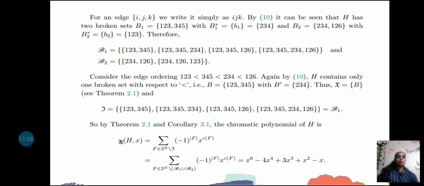Consider the edge ordering 123 < 345 < 234 < 126. By 10 again, H contains only one broken set with respect to this order, that is B = {123, 345} with B' = {234}. Thus X̄ = B. So by Theorem 2.2 and Corollary 3.1, the chromatic polynomial of H is given below.